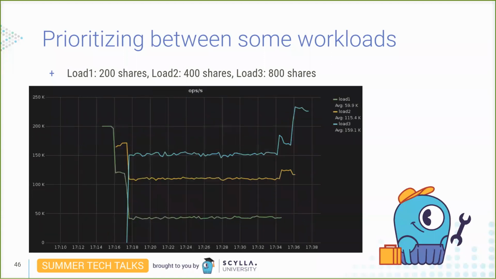So this is a different graph for the same configuration. Here we can see the throughput, and we can see it's higher as the number of shares is higher relative to the other loads. So, of course, load 3 will get most of the throughput, most of the operations per second, and workload 1 will get less.